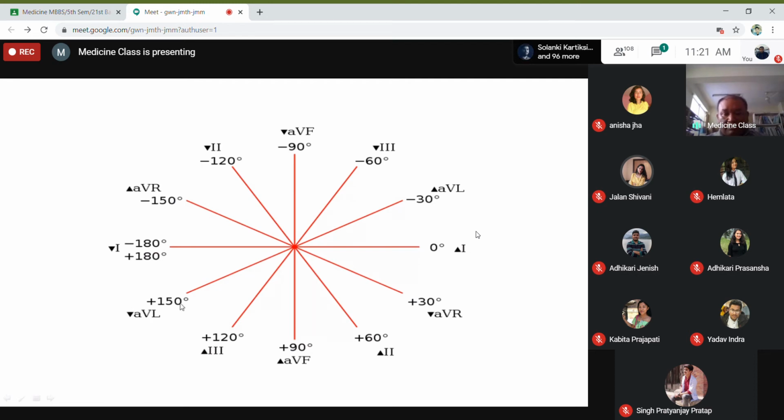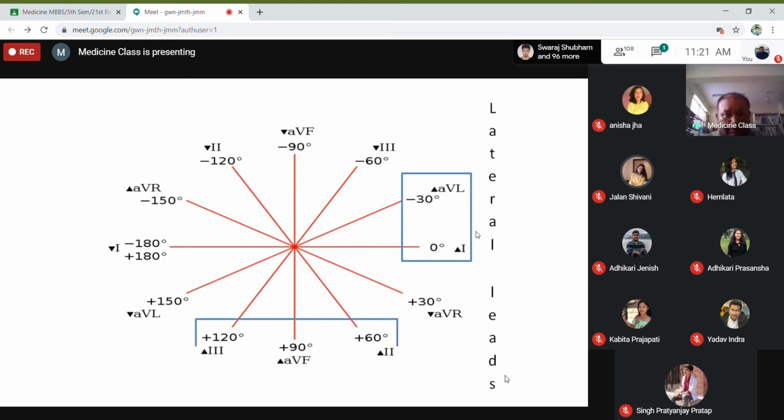Now, we call AVL and 1 the lateral leads, and 2, 3, and AVF the inferior leads.